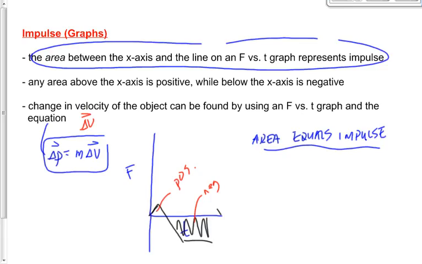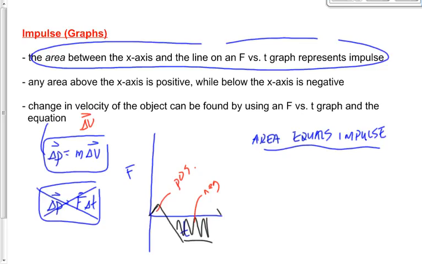Notice I skipped something there in that equation, though. I didn't list F times delta T. You will not, in these graphing questions, use this equation. Even though it's technically valid, it 9 times out of 10 is almost impossible to use when you get a graphing question.